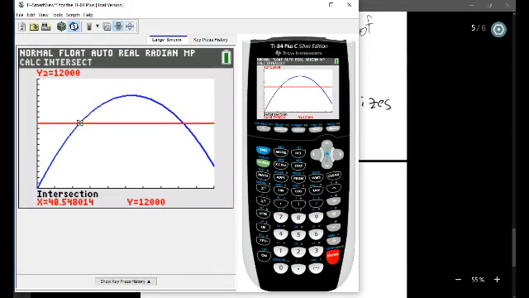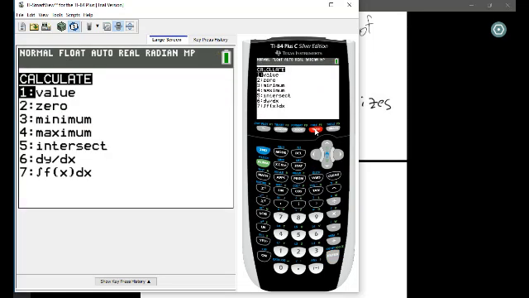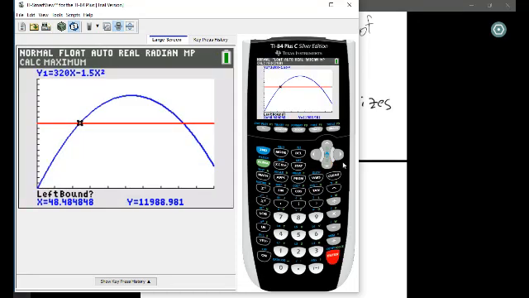Coming back to our TI. So our revenue curve is in blue. So we want to find the maximum. So we go to second, calc, and then down to maximum, and hit enter. Now move the arrow over to the vertex of the quadratic, of this graph of our quadratic function.